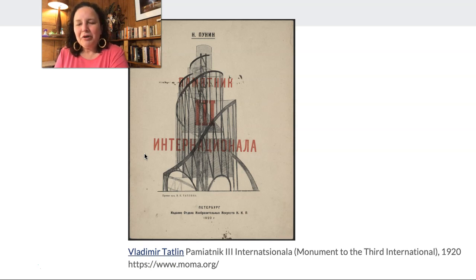But I think what it really illustrates is that this spiraling form was an actual thing. It was an architectural monument, or really an experiment. And it was meant to inspire the people who participated in the Bolshevik Revolution, which at this moment, 1920, had been over for a couple of years.